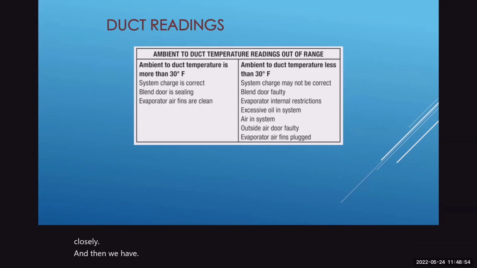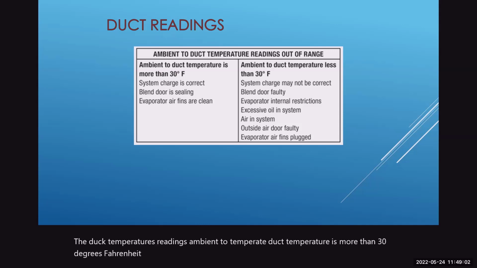And then we have the duct temperature readings. Ambient to duct temperature more than 30 degrees Fahrenheit: system charge is correct, the blend door is sealing, and the evaporator fins are clean.